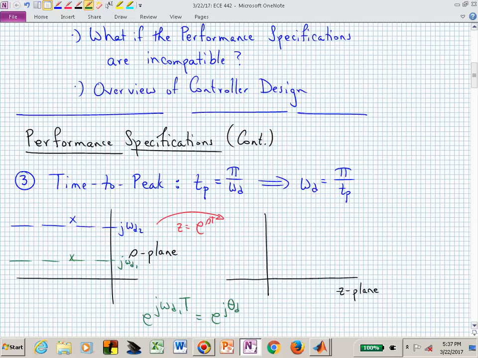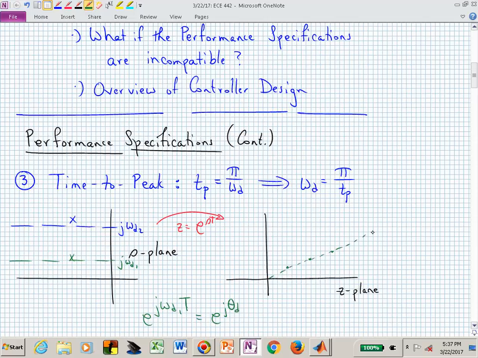So this damped frequency is now corresponding to a line. If I looked at every possible real value on this dashed location, I would just be getting something at an angle of j theta sub d, another j theta sub d, another j theta sub d.